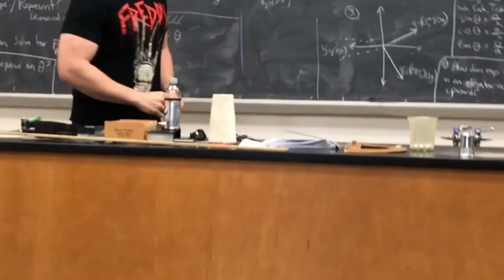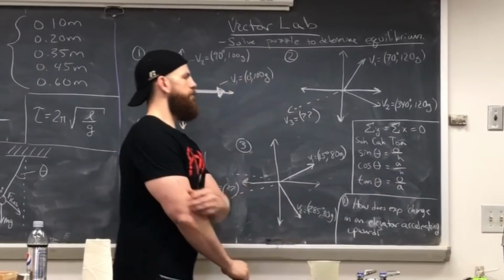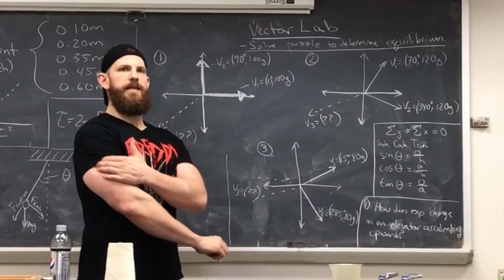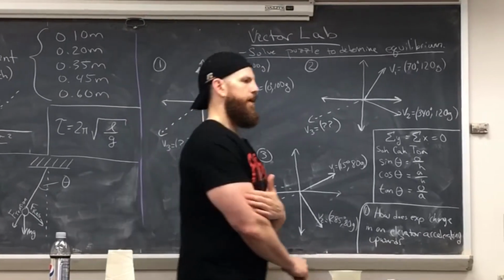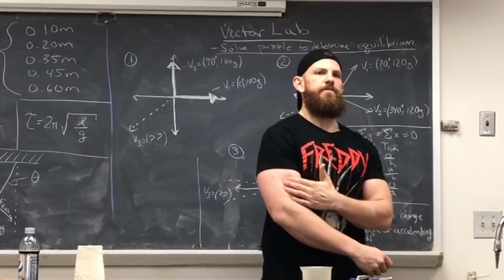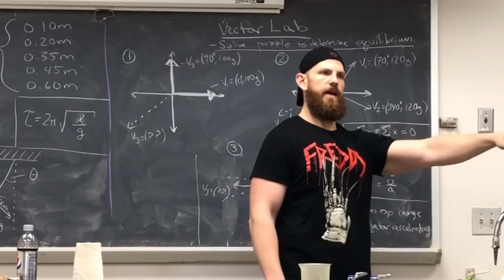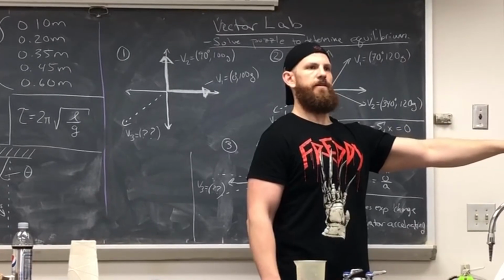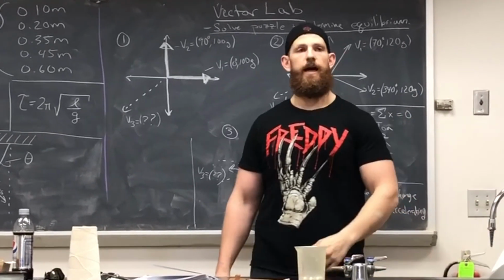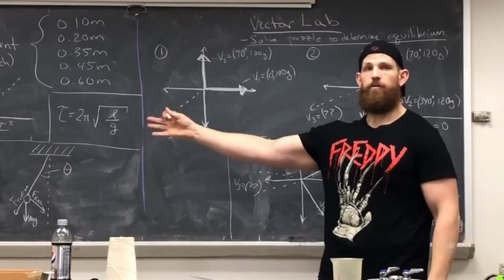So what do we know? Here are the formulas over here. We know that the sum of the y components has to be equal to 0 and the sum of the x components equals 0 in the whole situation. The way I relate this is if I have somebody tug on a rope and they walk a certain amount east and south, and I have somebody tug on a rope and they walk a certain amount east and north, I obviously have to go in some configuration west and either north or south.